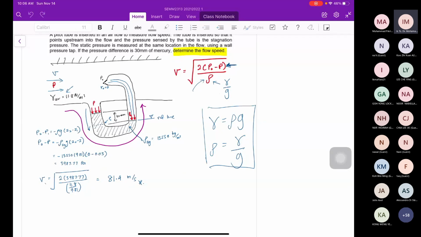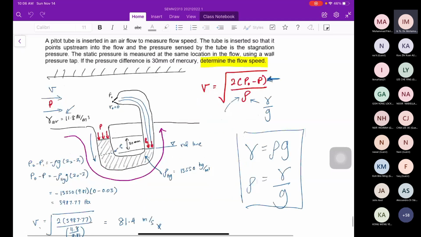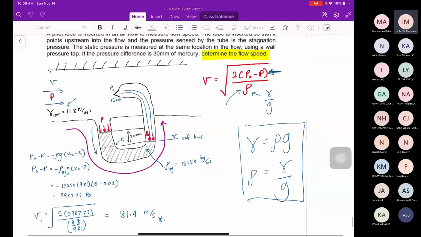The pressure difference we substitute into the velocity equation: square root of 2 multiplied by the pressure change over the density of air. Students may be confused, what is the density? This is the density referred to the flow. As you can see, this is air, so you should use the air density.